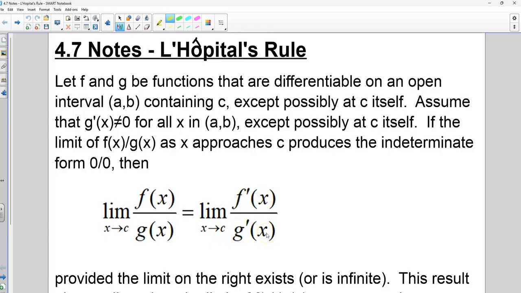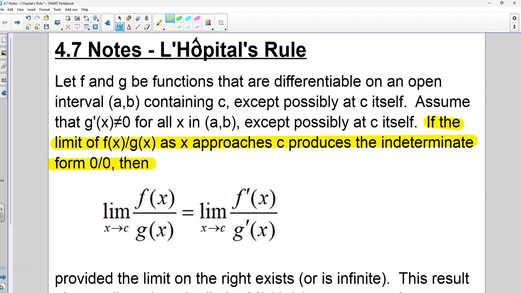Okay, so the condition that we're going to have to make sure that we state is we've got to say that the limit of f of x over g of x gives you the indeterminate form 0 over 0. And there are going to be some specific ways we can do that I'll show you when we get to problems. That has to be stated if it's a free response question.